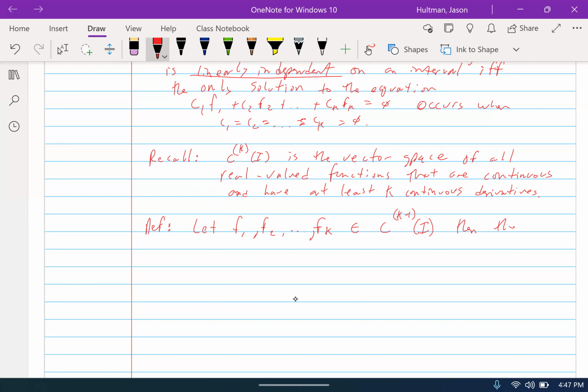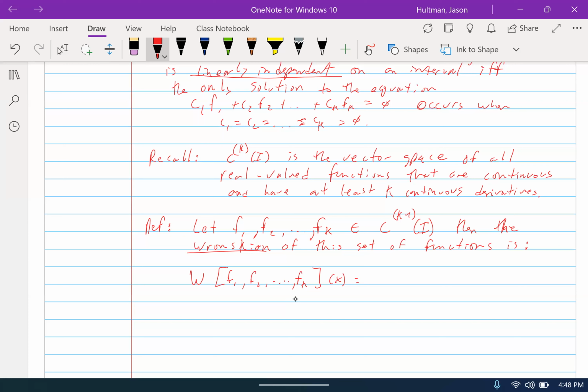Then the Wronskian of this set of functions is defined as the Wronskian W of F1, F2, dot, dot, dot, Fk of x. These are all going to be functions of x.